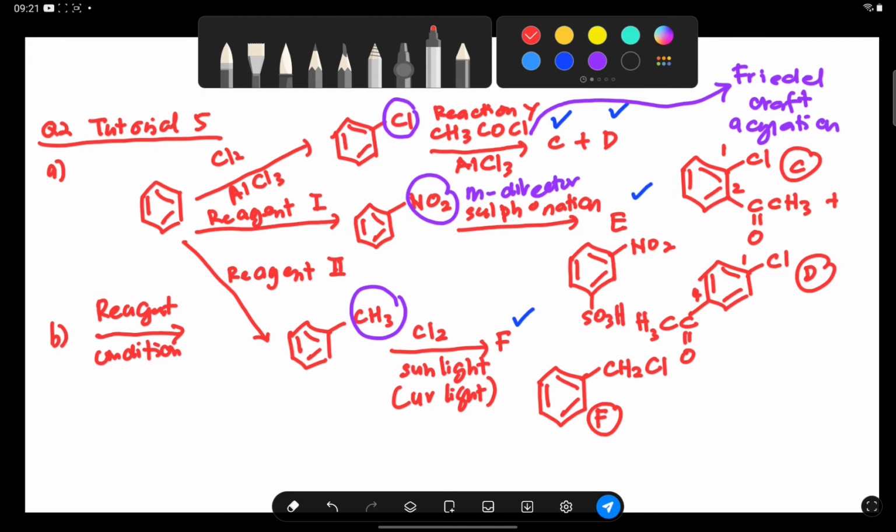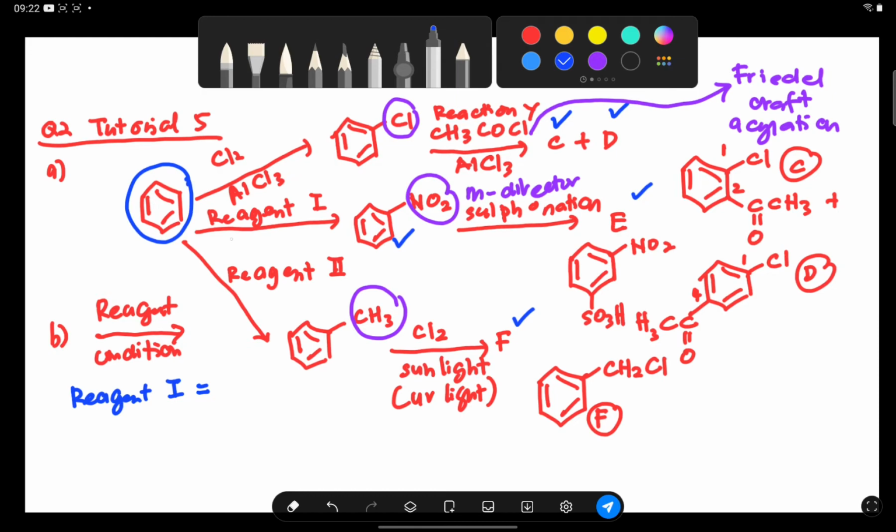Okay, so what is the reagent and condition for reagent 1? So here, from benzene it produces this product, which is a nitrobenzene. What is the reaction that adds a nitro group on the aromatic compound, on the benzene itself?